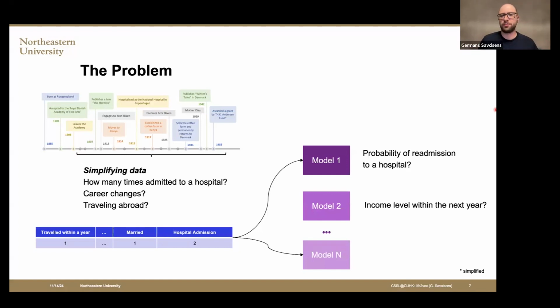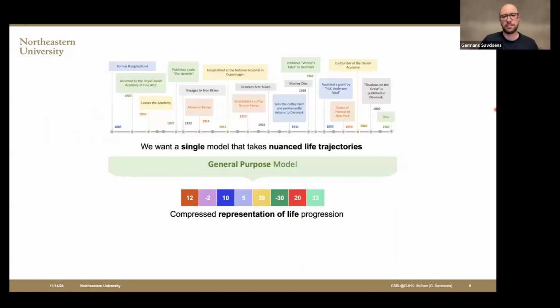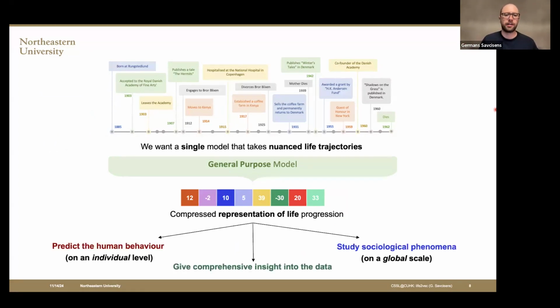As we do that, we lose a lot of the signal that is there in the raw sequences by simplifying the data. So our idea was: what if we can come up with a model that can take this signal as raw as it is and then compress it into some kind of representation, to allow us to either study the phenomenon on a global scale, or create predictions, or get some kind of comprehensive insight into what actually is happening in the data.